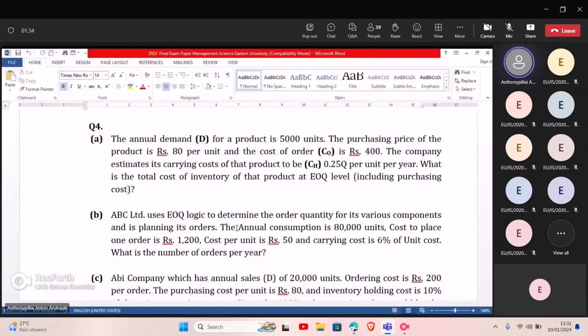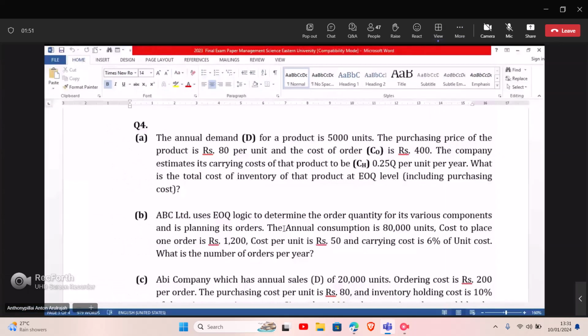The annual demand for the product is 5,000 units. Purchasing price of the product is 8 rupees and cost of order is 400. The company is estimating its carrying cost at 0.25 per unit per annum.